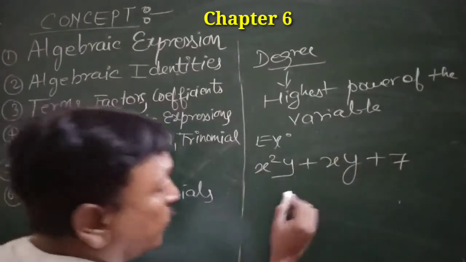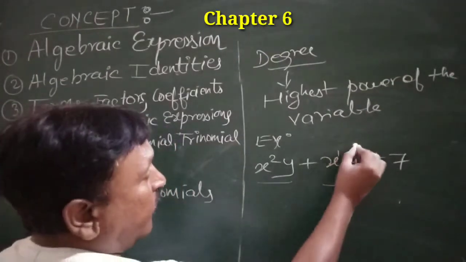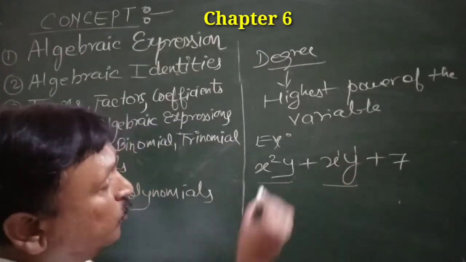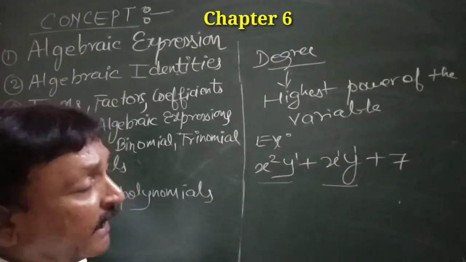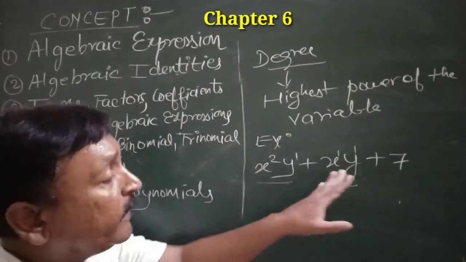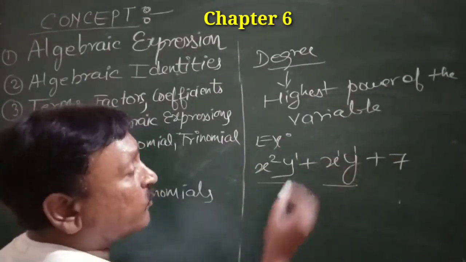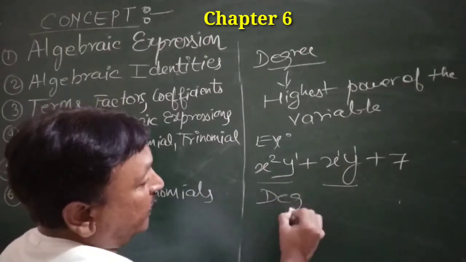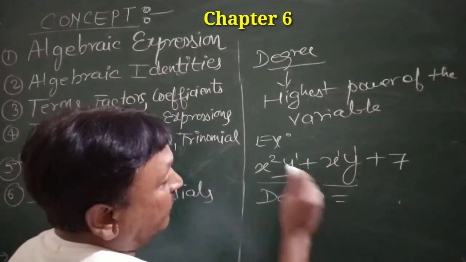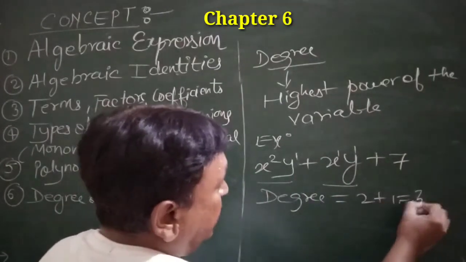In this term, just see 1 plus 1, 2, 2 plus 1, 3, so the highest power will be 3. If more than one variable is used, then for a given term you have to find the addition of the powers of the variables. In this case the degree will be 2 plus 1, 3.